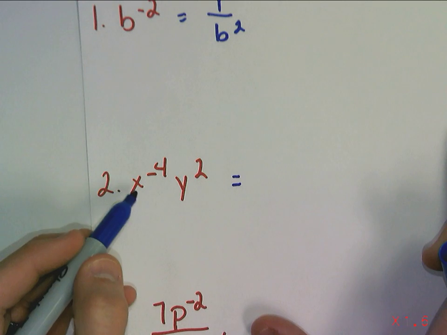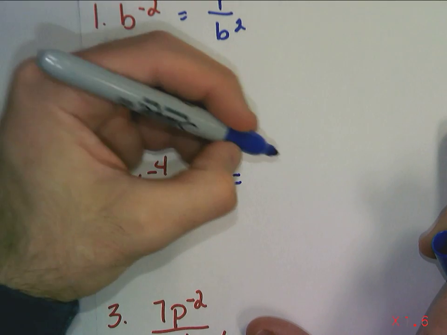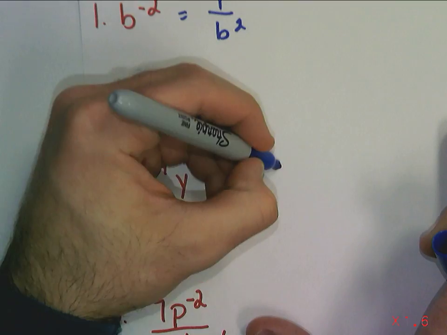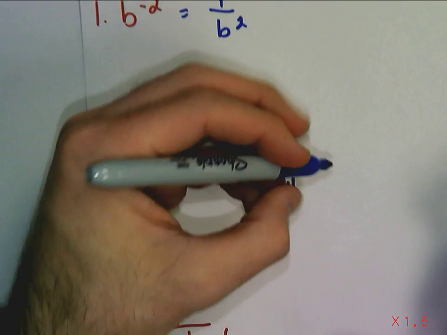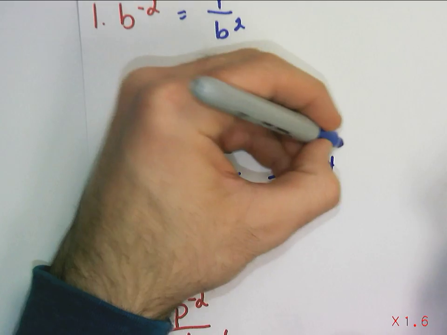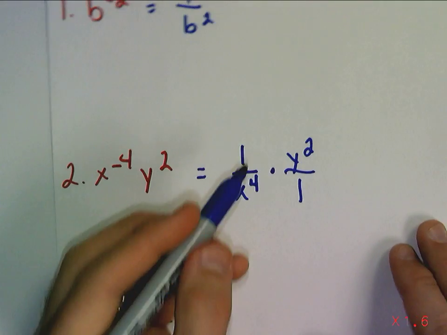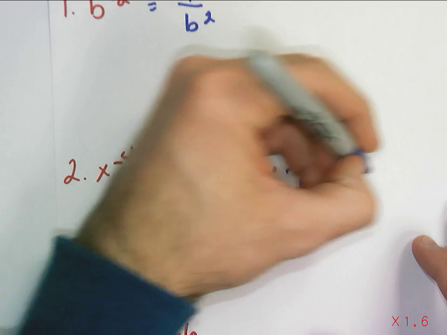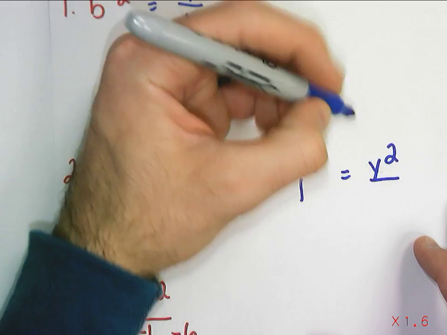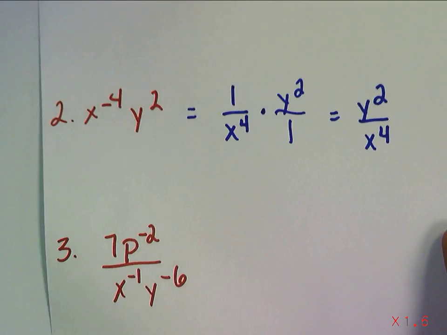So what I see here automatically is that I need to put x squared over 1, or x to the negative fourth, and make that 1 over x to the fourth. But that's still multiplied by y squared over 1. So if I would multiply those together, do 1 times y squared and x to the fourth times 1, I would end up with y squared over x to the fourth. And that would be how to do number 2.